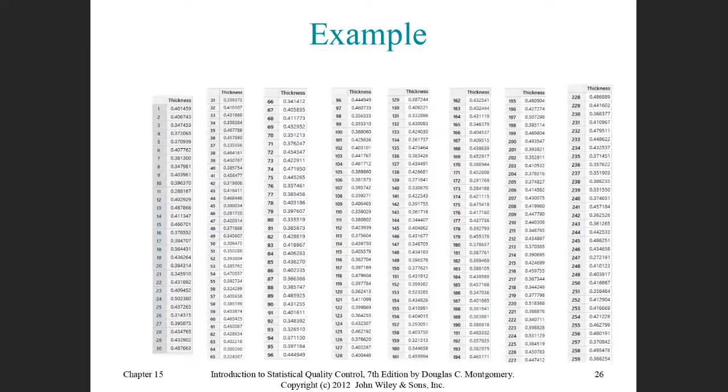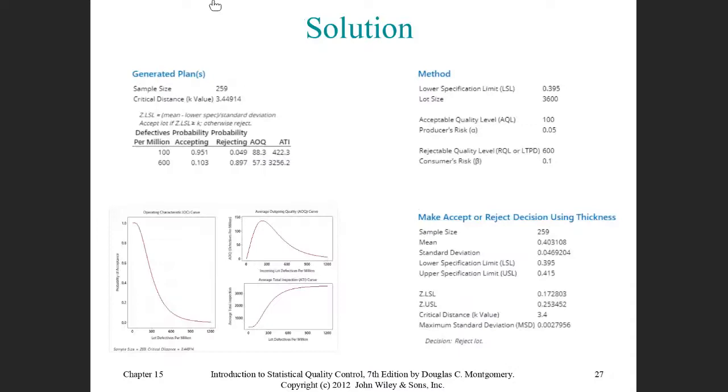The first thing, as we said, is to find the critical distance, or the K constant value. This critical value is something we can compare to the number of defectives when we have the sample size.